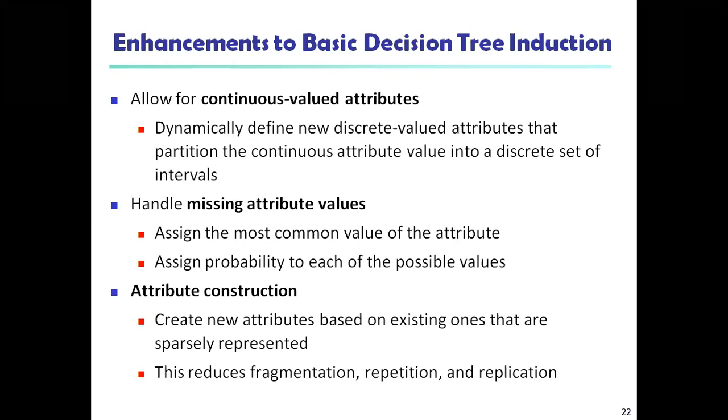First case, assign the most common value of the attribute. The second case is to assign a probability to each of the possible values. Missing attribute values are handled with these methods.